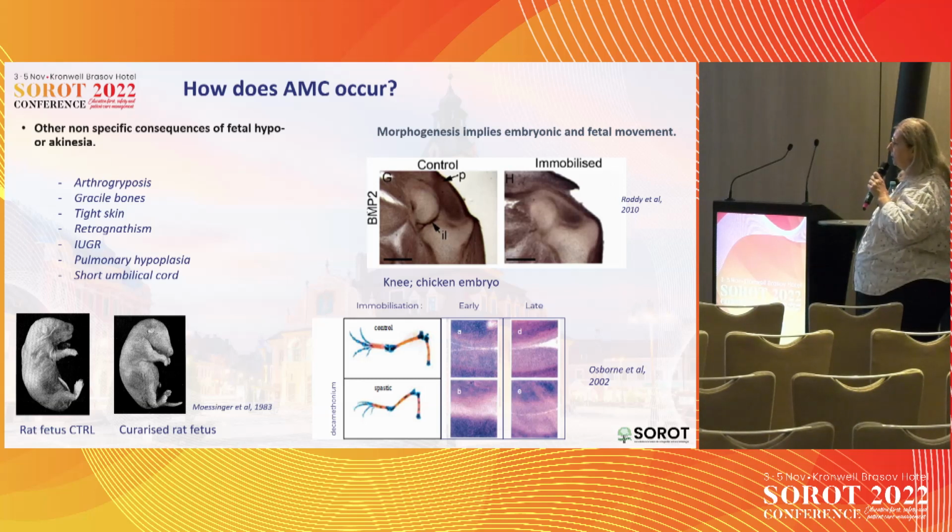When you know this, you know that if you have this pathology, you have this kind of development. If you only have joint immobilization because the muscles are cauterized, you have a different development, and so you can see that the morphogenesis will produce a different type of joints.